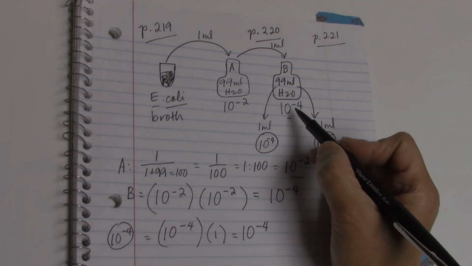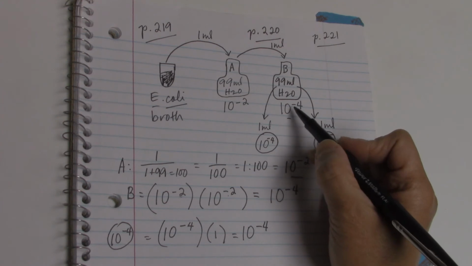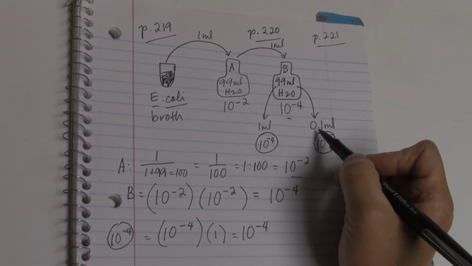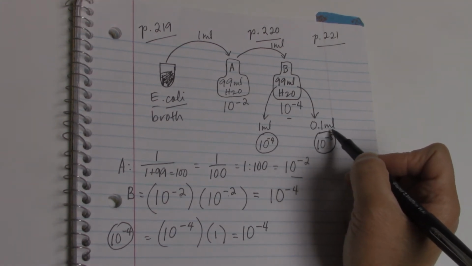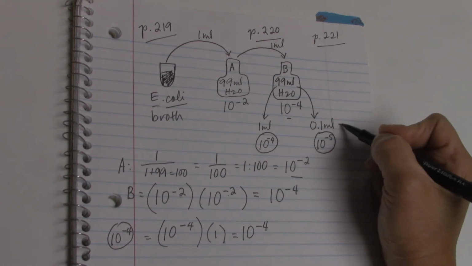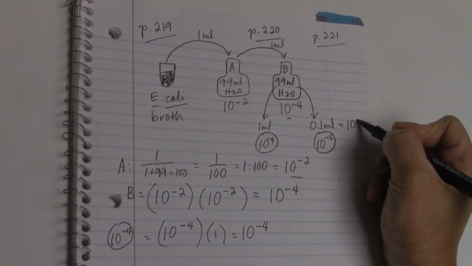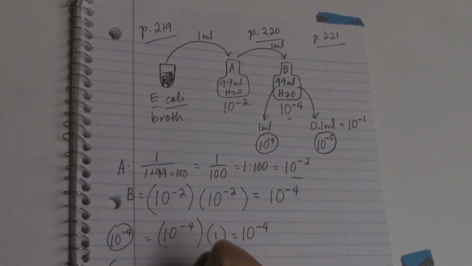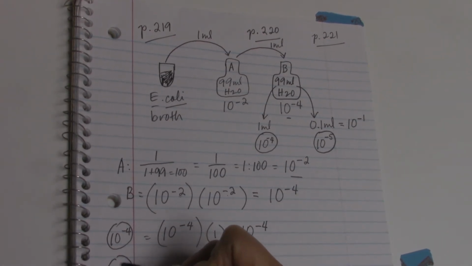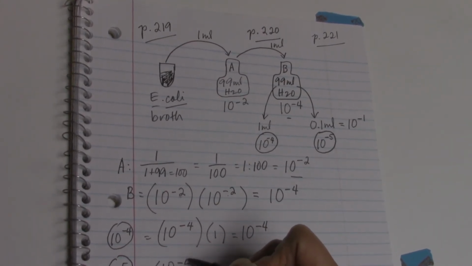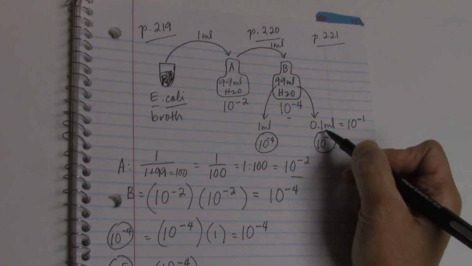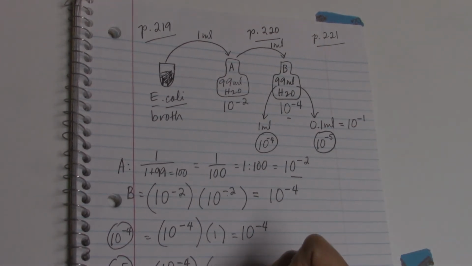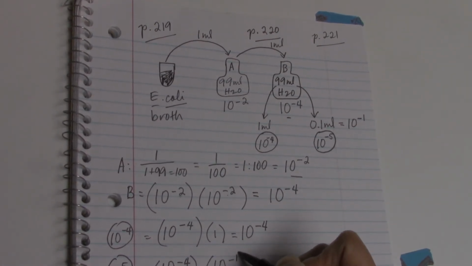It's because we're coming from a 10 to the minus 4 bottle, and we're going to plate out 0.1 milliliters, which is also equal to 10 to the minus 1. So you have a 10 to the minus 5 plate. We get that because we started with a 10 to the minus 4 bottle, and we plated out 0.1, which is equivalent to 10 to the minus 1.